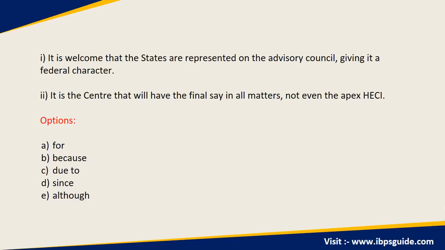So since cannot be used to combine these two sentences. So actually, when you take a look at the options, the last option, although, is the only contrast sign in this list. So if you are able to identify that these two sentences are contrasting each other, you will be able to find the correct answer as soon as you see the list, because although is the only contrast sign.